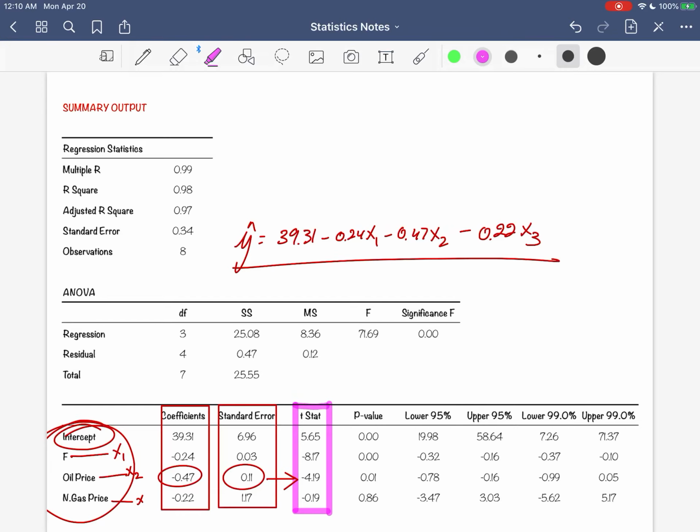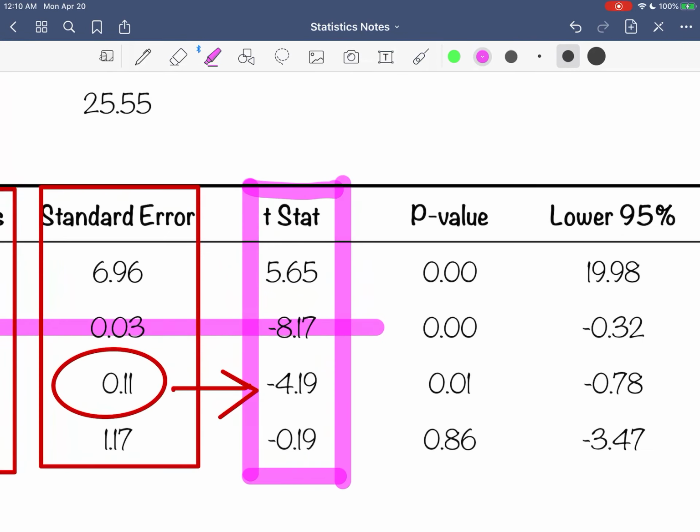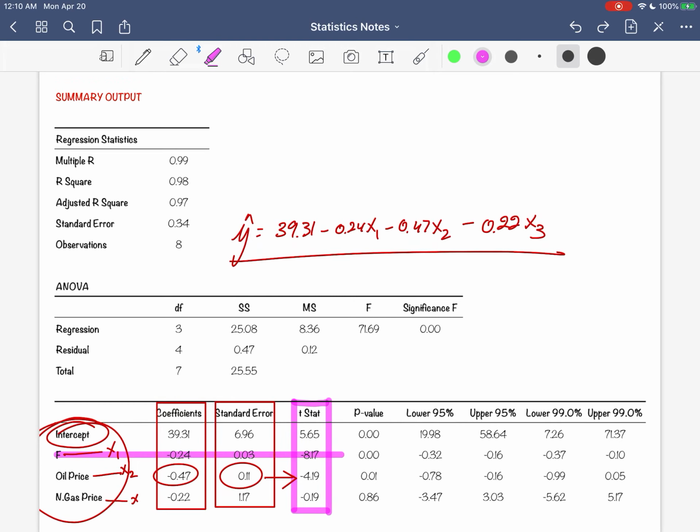In this case, by pure coincidence, it's the first one. It has a t-stat of negative 8.17. It's an extremely high test statistic. Anything larger than 2.5 or 3 is considered significant.